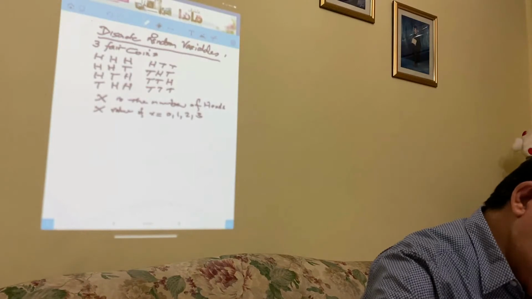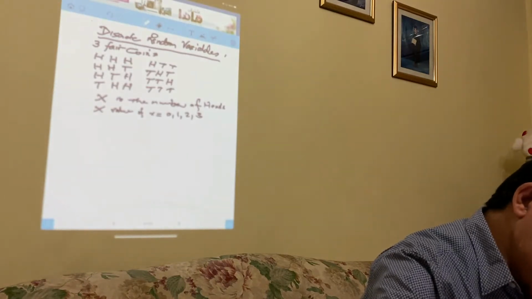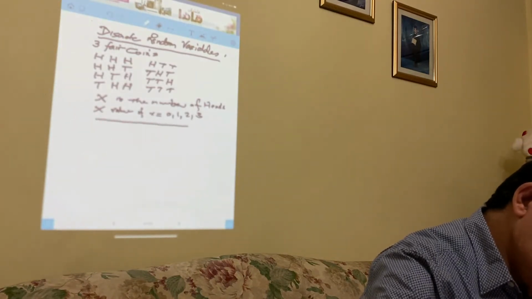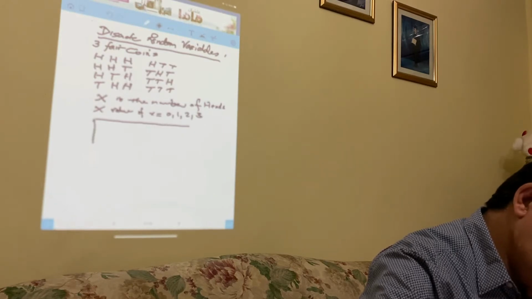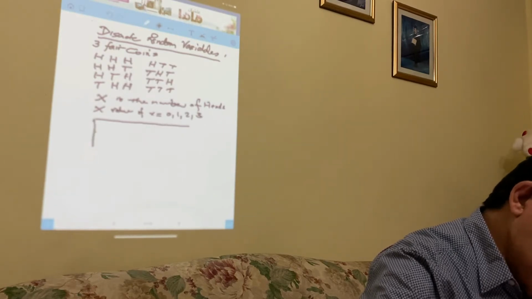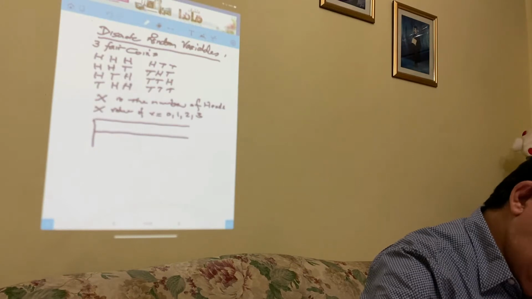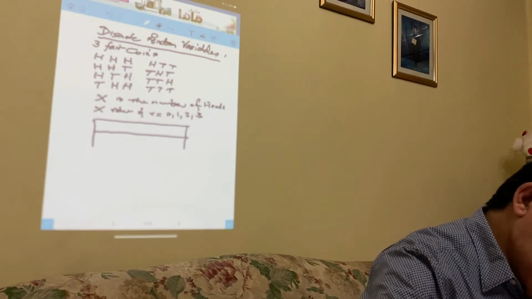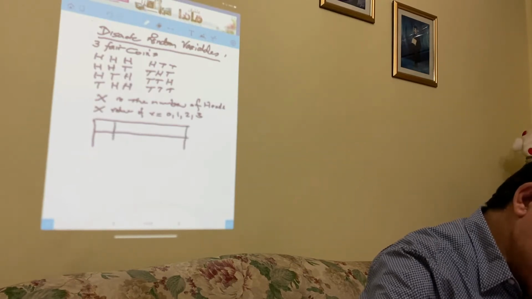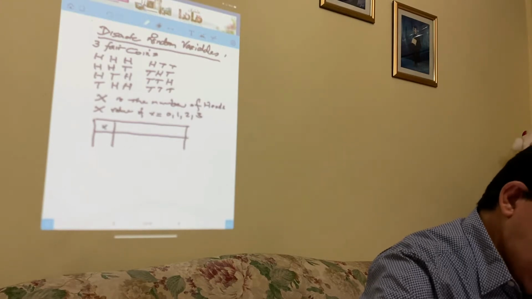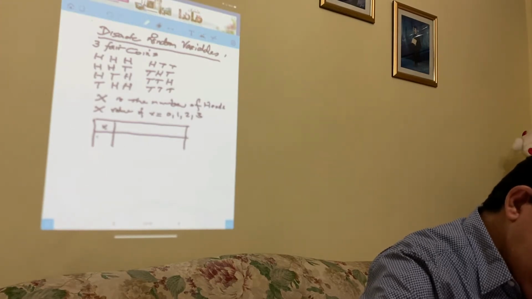We are going to put this in a table. That table will write down the possible values of x and the probability that capital X equals this small value x.